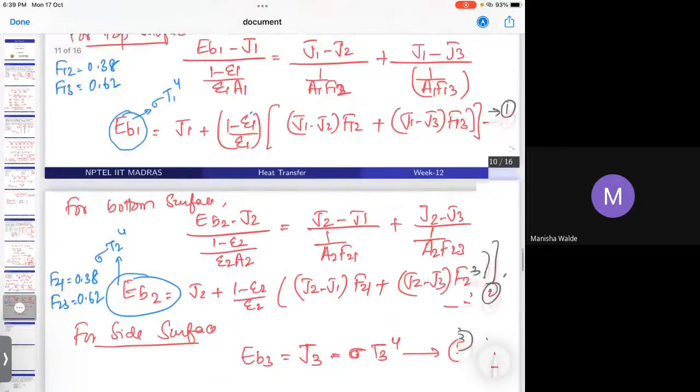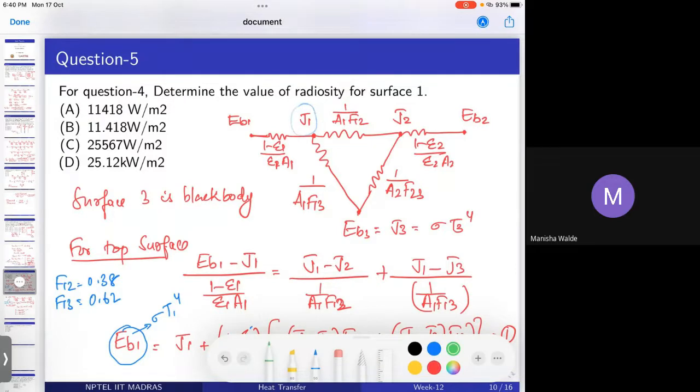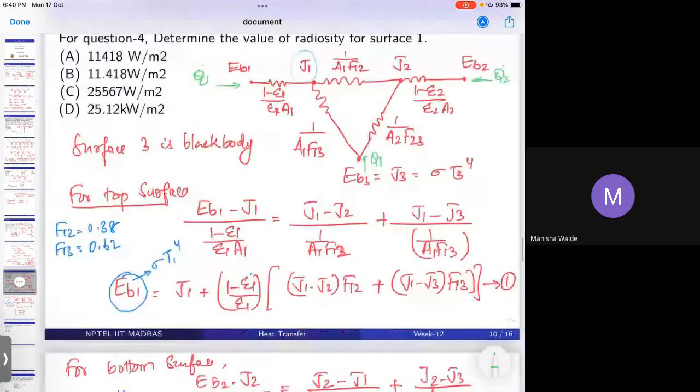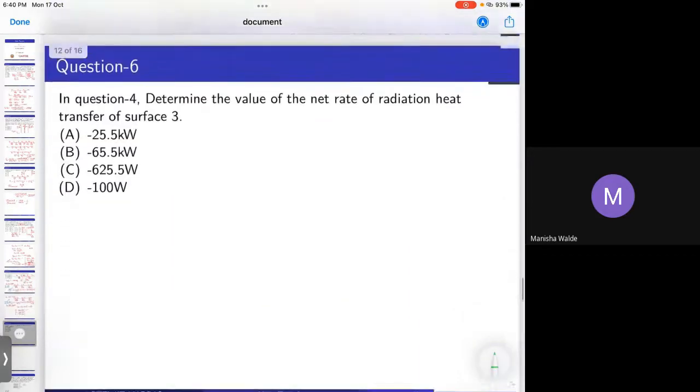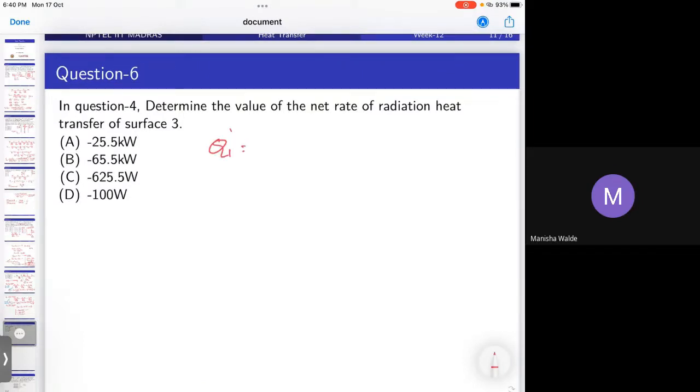So here, this is Q1, Q2. So Q1 is equal to EB1 minus J1 divided by (1 minus epsilon 1) by (epsilon 1 A1). Now we know EB1.